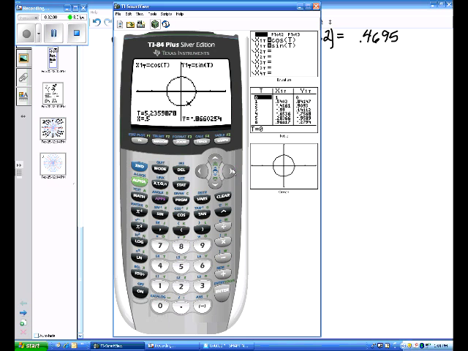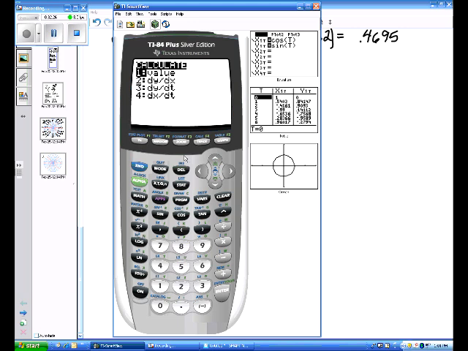And notice up at the top, it's reminding you what your x and your y are. So at 5.7595. So we can find the places where our functions have specific values, and we can also find what our sine and cosine is.